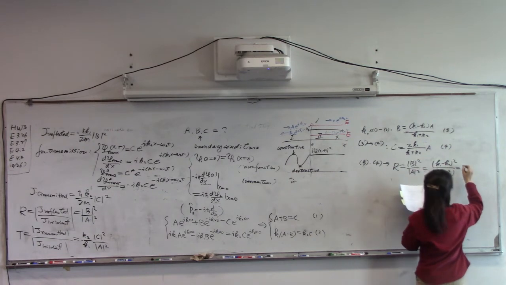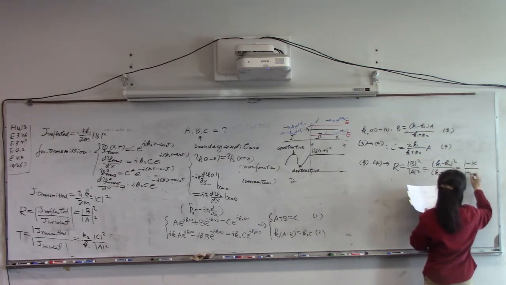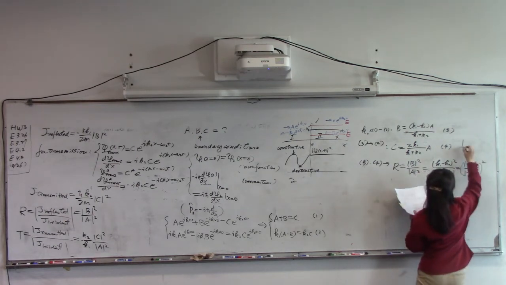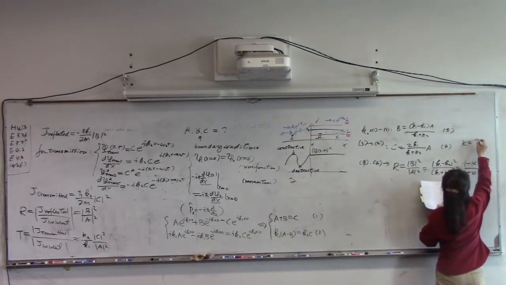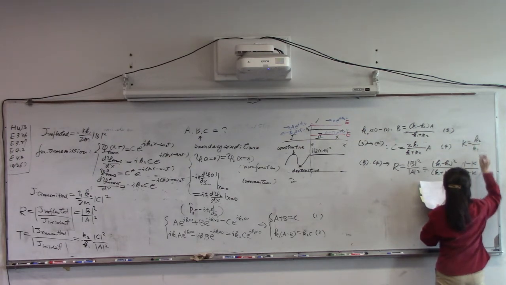Now I'm going to define a capital K as the ratio of k2 over k1.